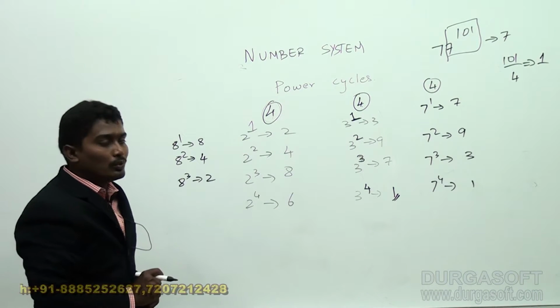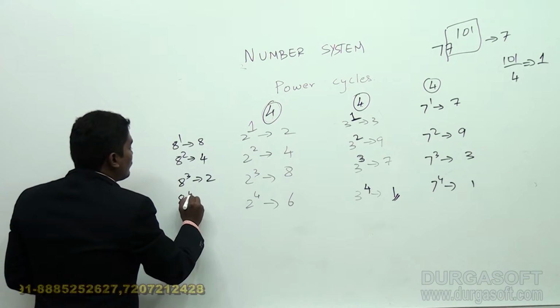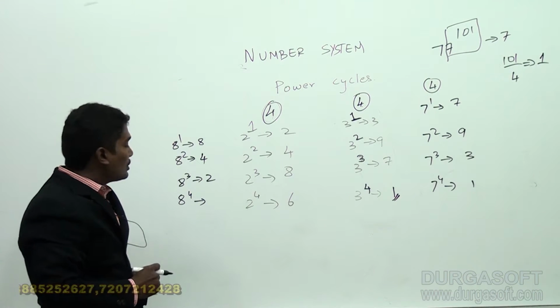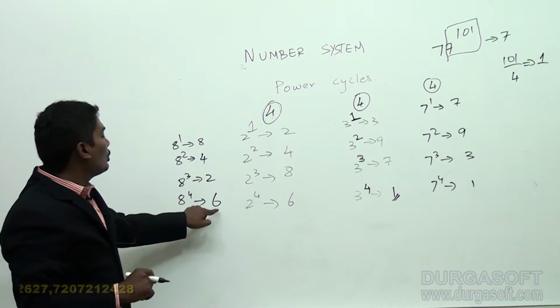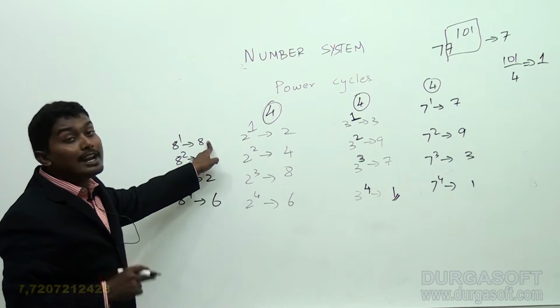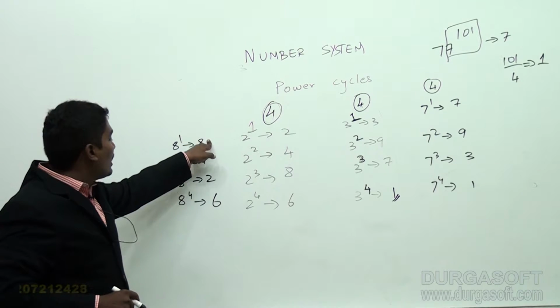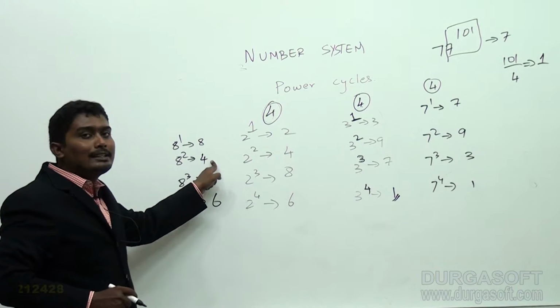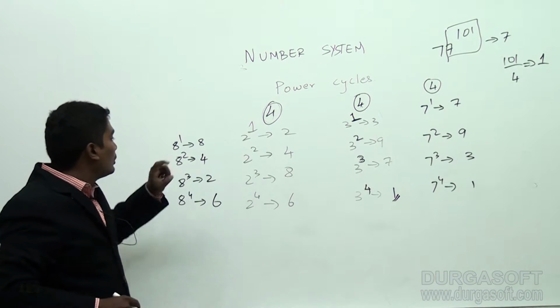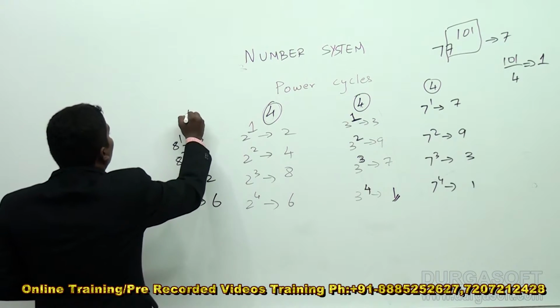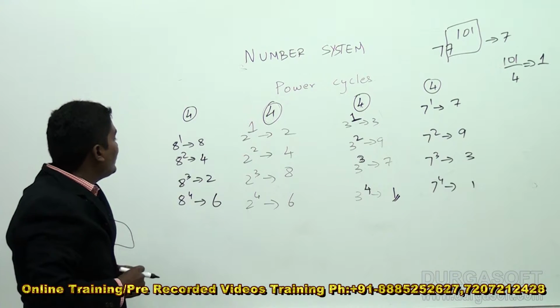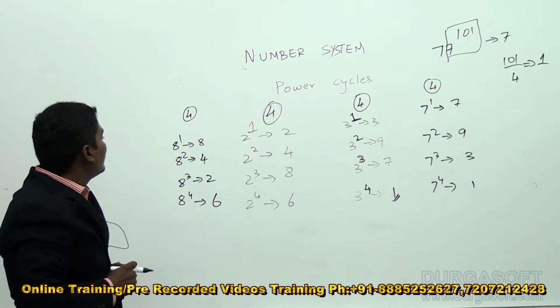Unit digit is 2. 8 power 4 is 512 into 8, which is 4096, so the unit digit is 6. Again 8 to the power 5 means 6 8s are 48, 8 only I will get. Again 8 to the power 6 means 8 into 8, 64, 4 only I will get. So this way, these 4 numbers will only repeat for the powers of 8.